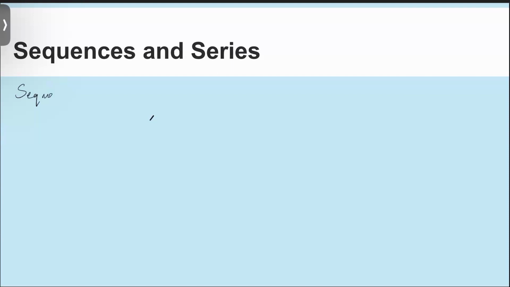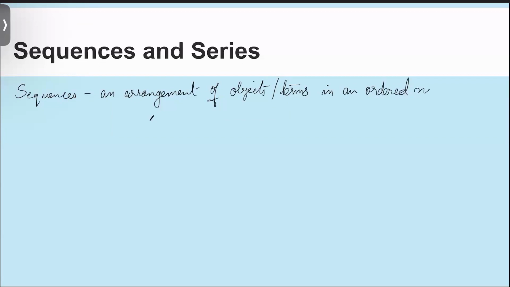Sequences. So what are sequences? Sequences are an arrangement of objects or terms in an ordered manner.